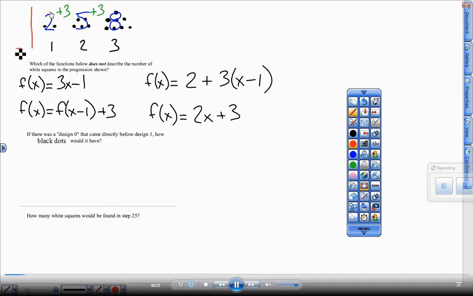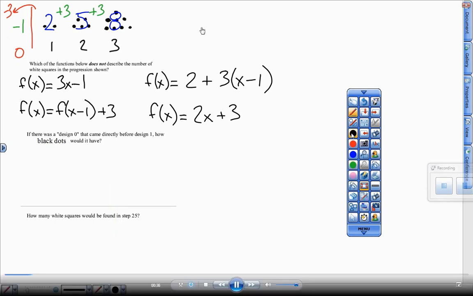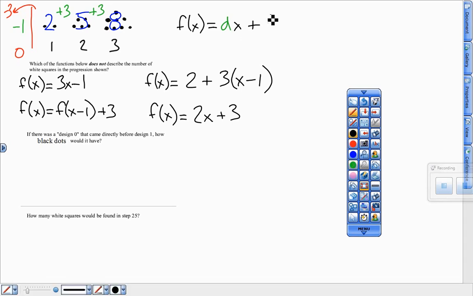Subtracting by 3 to the left gives me the 0 term, which is 2 minus 3, which is -1. And then writing that arithmetic equation using the f of x form equals always the common difference number or slope times x plus the function at the 0 term, or the y-intercept.